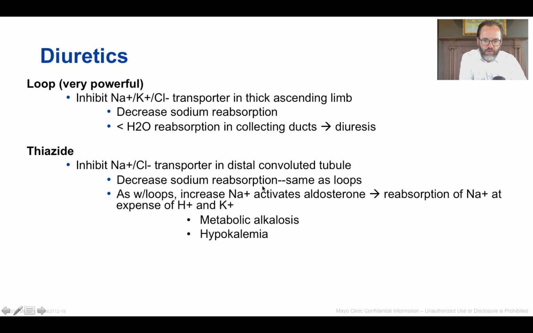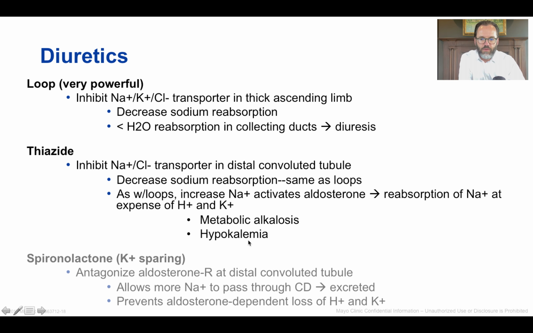And of course, increases in sodium activate aldosterone and elicit the reabsorption of sodium at the expense of hydrogen and potassium. So there, of course, you can have metabolic alkalosis and hypokalemia when these are given in excess.